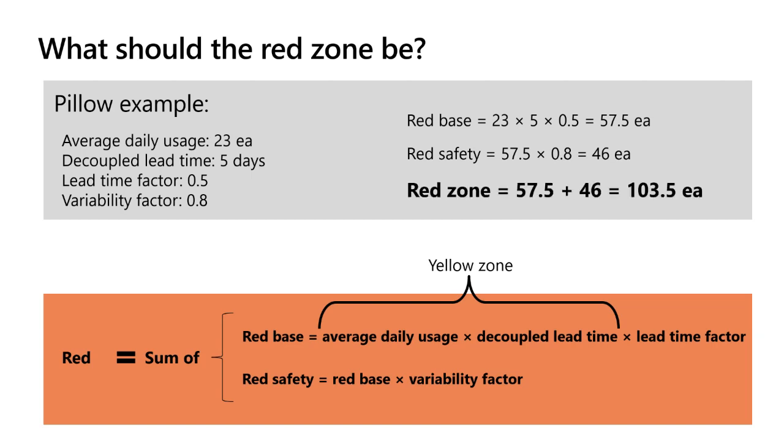Then we will sum these two together to get the red zone value of 103.5 eaches, which will be rounded by the system to 104 units since we count in whole numbers for our eaches. You'll notice that the red base also had a decimal point, but the system will get the final red zone calculation and then round to the nearest integer.